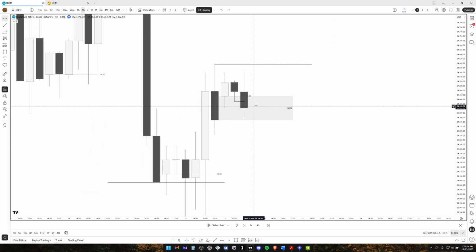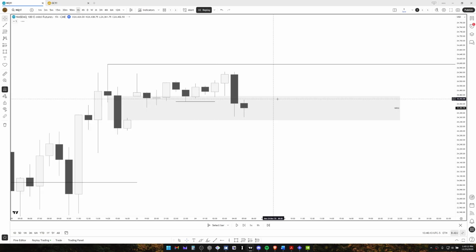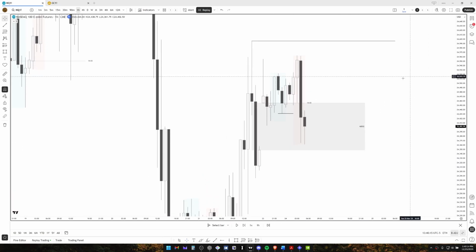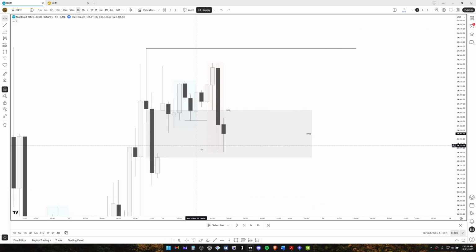So let's say I'm anticipating this to expand up, but the 4 hour is unclear. But I know that this could potentially be the swing point because of the London time frame, because the London session made the low and we're in the new day opening gap here. You know what I mean? So then I can go down lower. Now I go down lower and now we have a better swing to play off of.